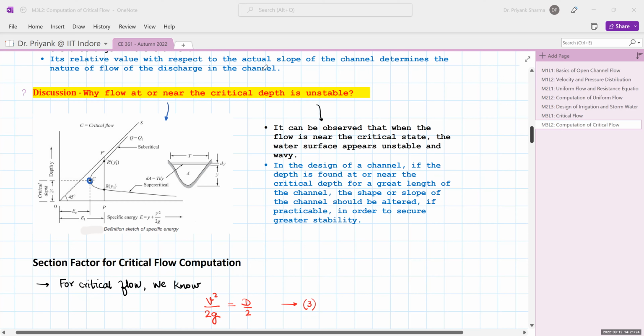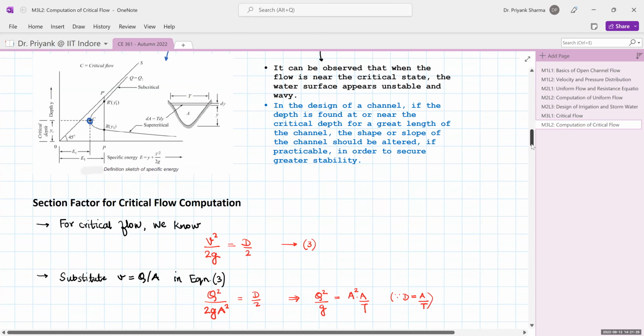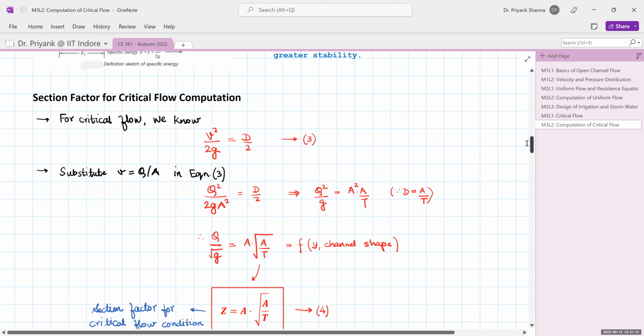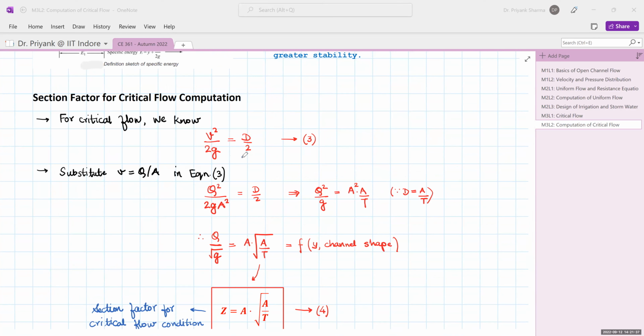Okay, now next we move on to the section factor for critical depth computation. We've already seen the section factor for uniform flow computation. Based on the critical flow, we know that v square by 2g is equal to D by 2. Let us substitute Q by A for v in this equation. So we get Q square upon 2gA square, that is equal to D by 2.